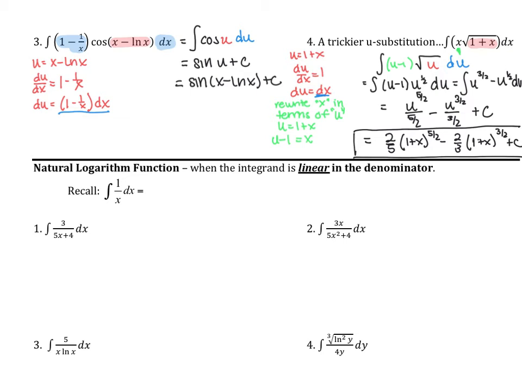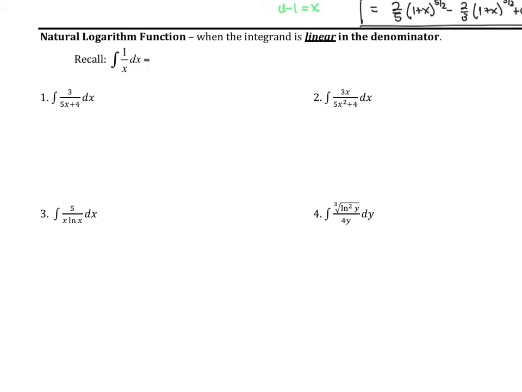Okay, let's look at just a couple others. If you recall, the integral of 1 over x dx is equal to the natural log of the absolute value of x plus c.